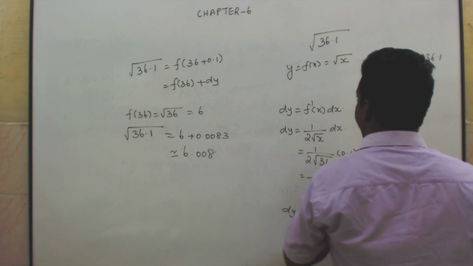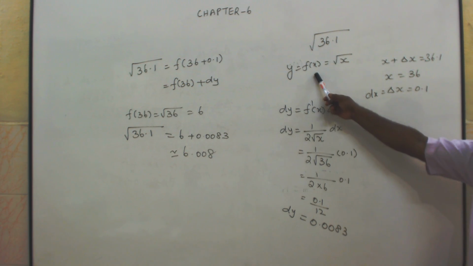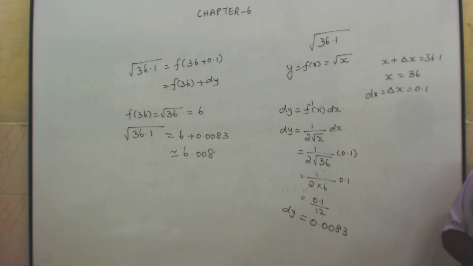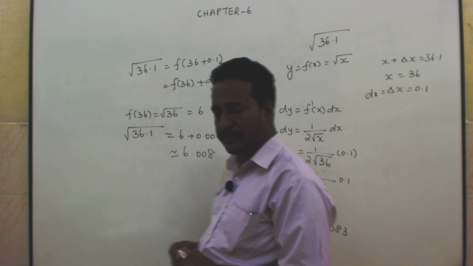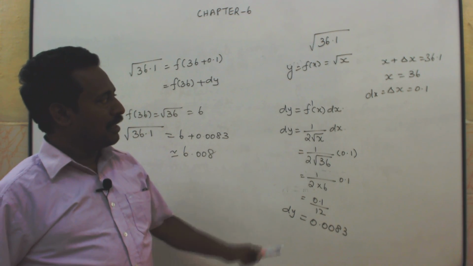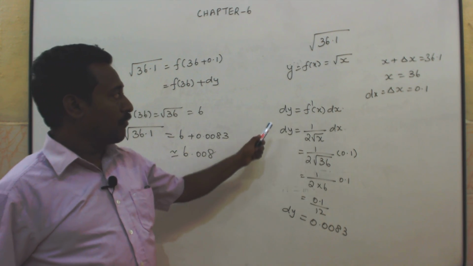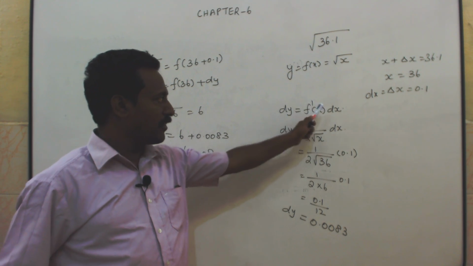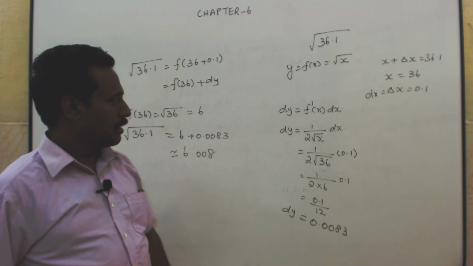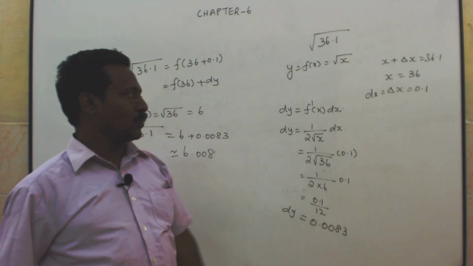Listen, boys. Root of 36.1: y equals f of x, that is root x. x plus delta x equals 36.1. So, x is equal to 36, dx equals delta x equals 0.1. The formula to find dy is f dash of x into dx, that is dy equals, differentiation of square root of x is 1 by 2 root x into dx.